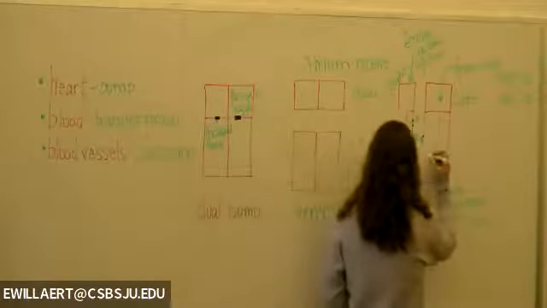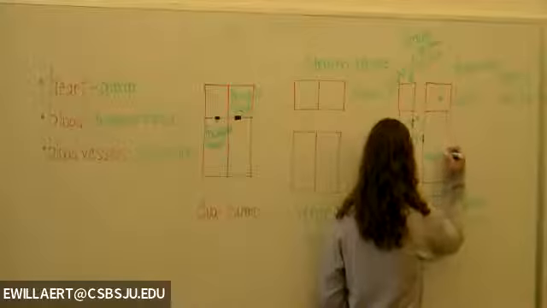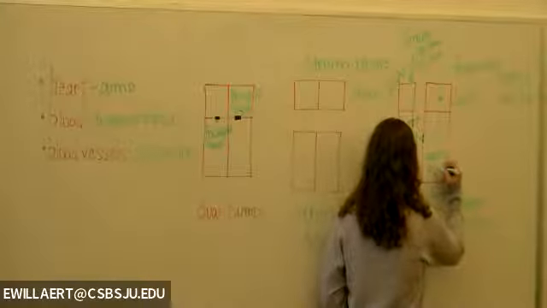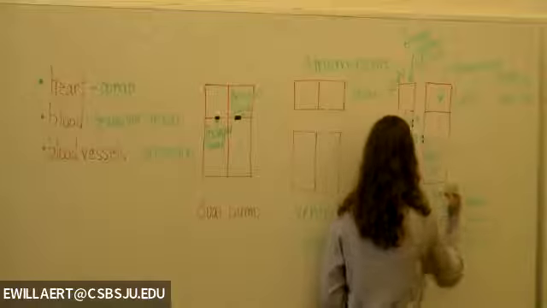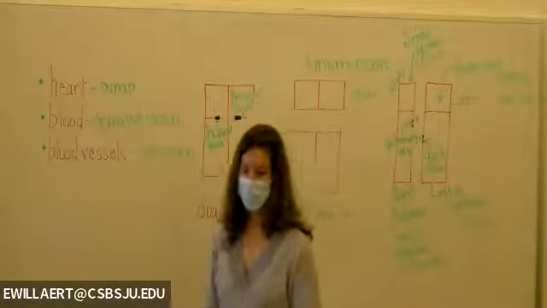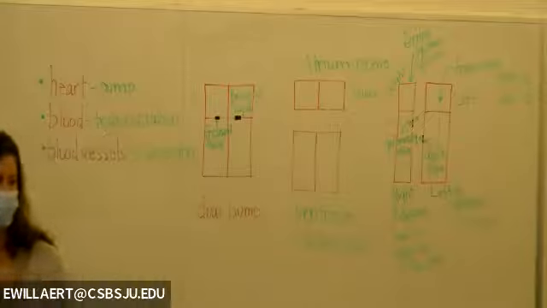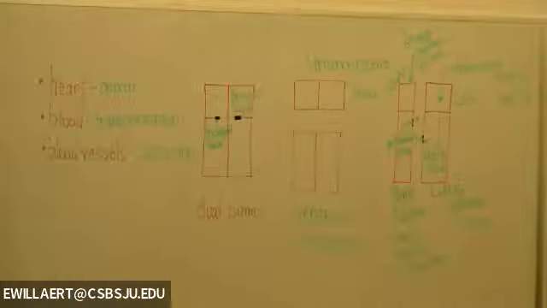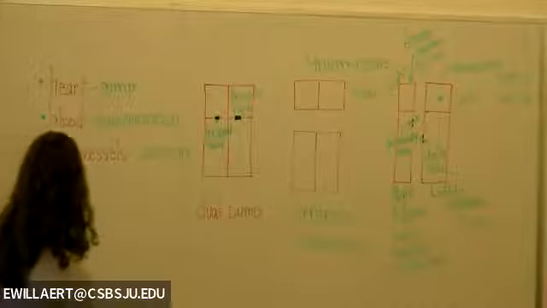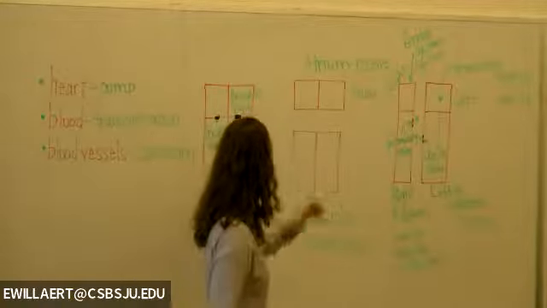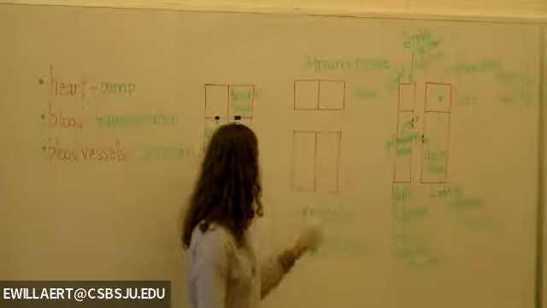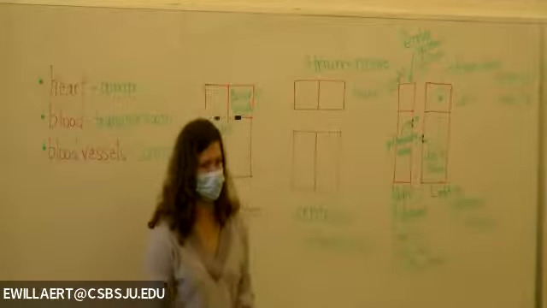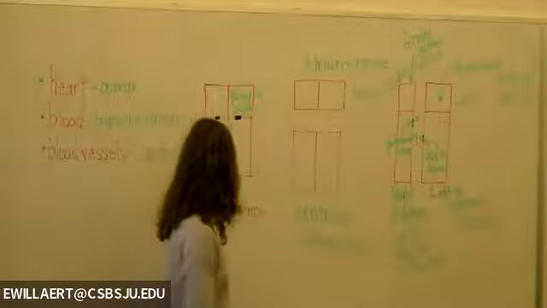And then we have our aortic valve that separates our heart from our aortic arch, or our aorta vessel. Okay? So we have 4 chambers, 4 valves. You're responsible for knowing left and right atrium, left and right ventricle, and then the 4 valves. Okay, so make sure that those make sense to you.